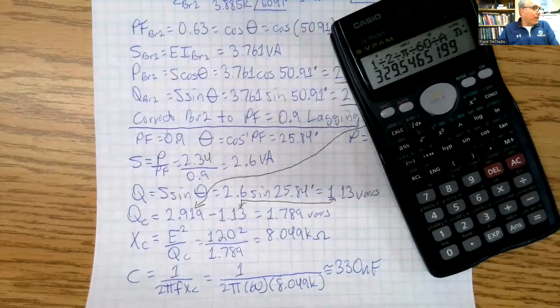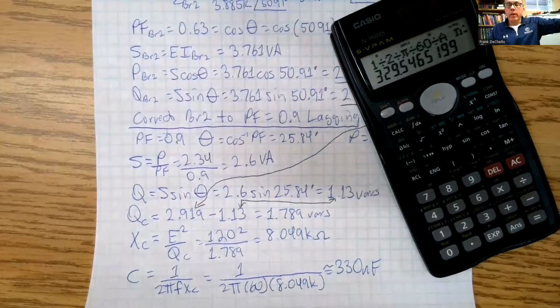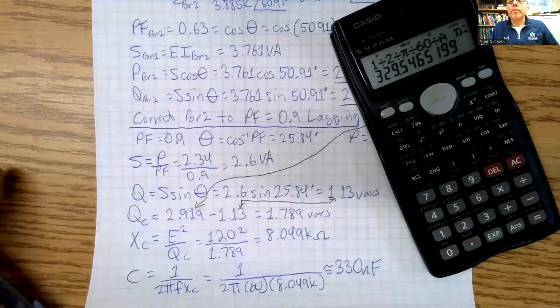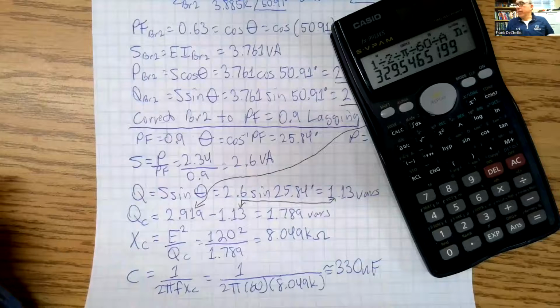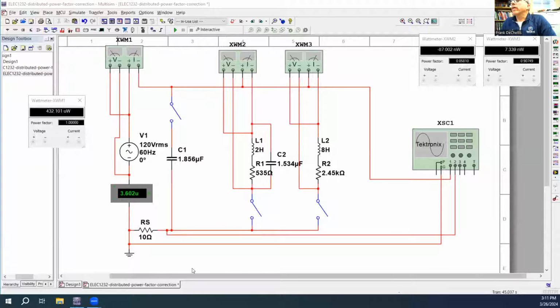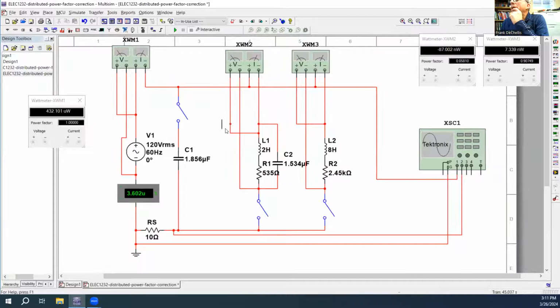So let's go back to Multisim, because we love Multisim so much. Nice. So we're here. So let's put in a 330 nanofarad capacitor across the second load, the second branch.